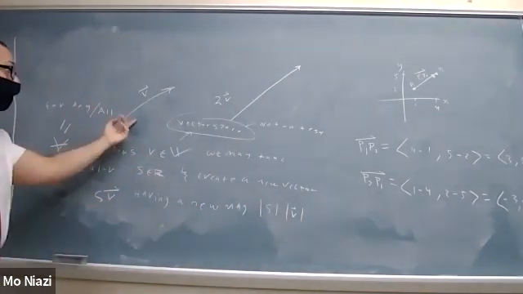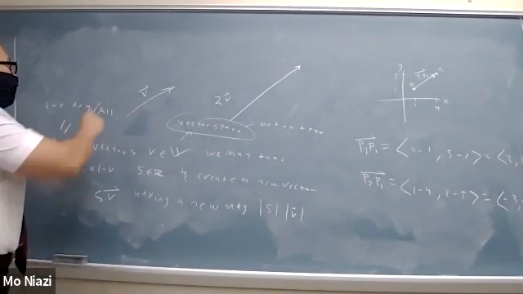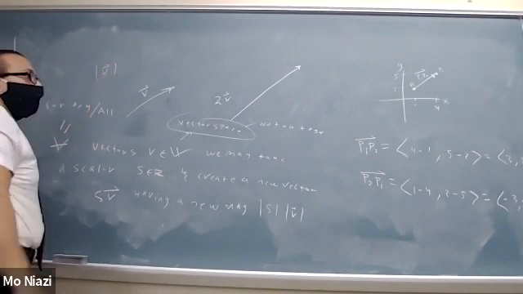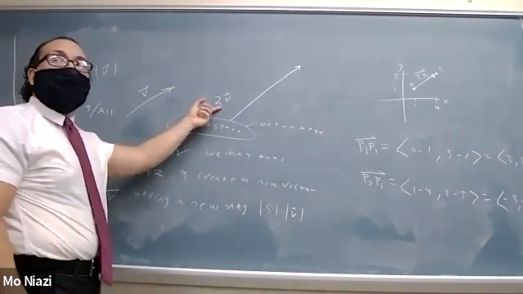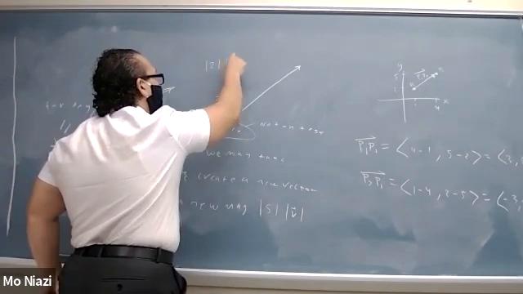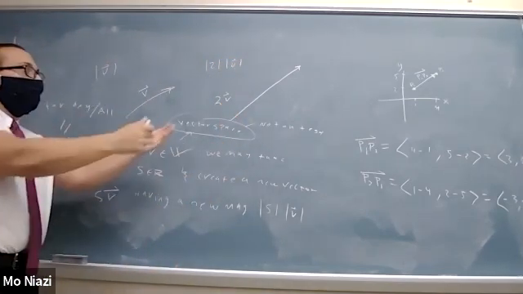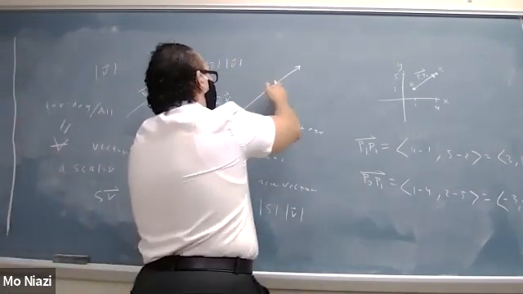Okay, so let's apply that to this very simple situation here. This vector V has magnitude V. This vector 2V is double that. So by this, its absolute value 2 times magnitude of V, and you literally just get this, double it.